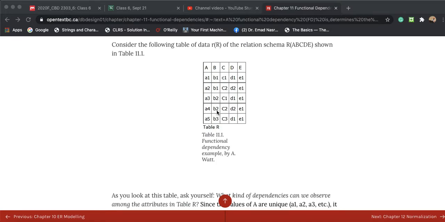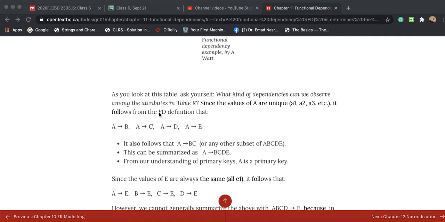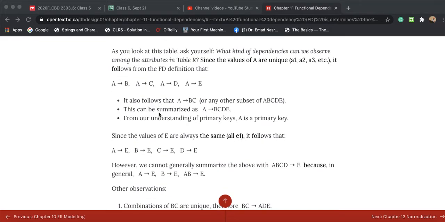A4, we have B2. A5, we have B3. Okay, so B depends on A, and C depends on A. When A is the primary key, then all of them depend on it. It also follows that A to BC and A to BCDE.